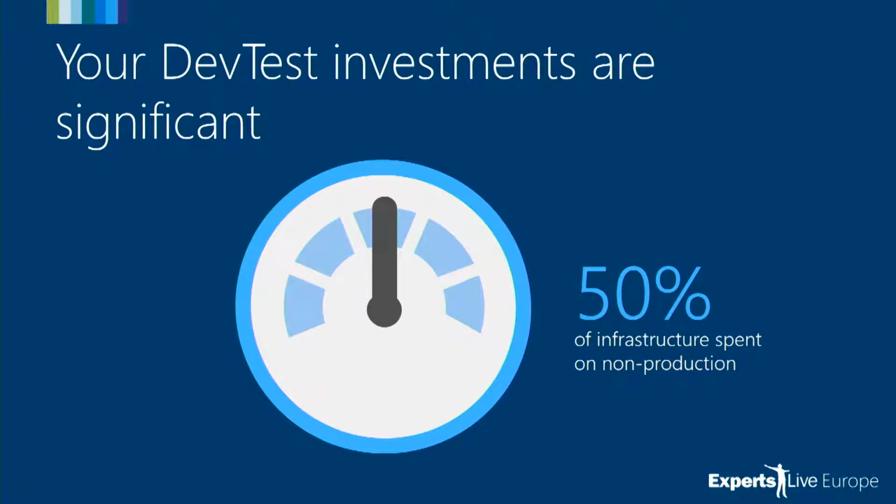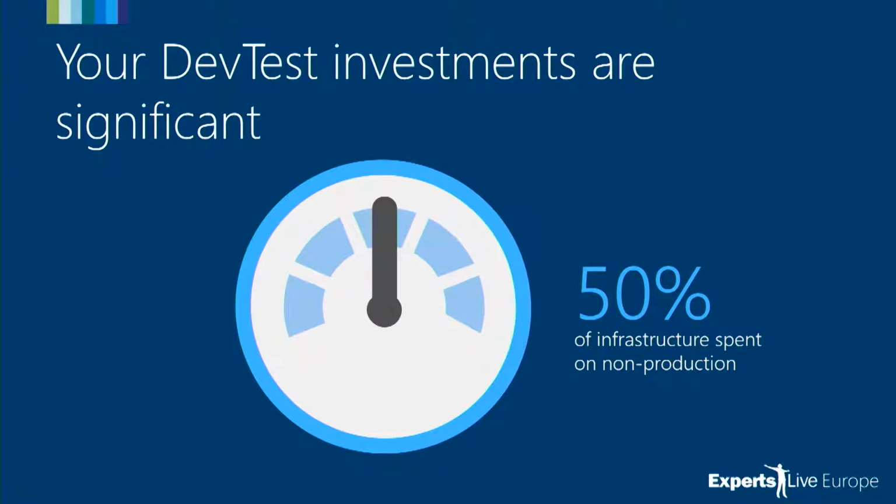Well, to be honest, these 50% is a number which is presented by Microsoft. I'm not sure if that's really correct. Maybe, what do you think? How much of your infrastructure spending is just used by dev or test workloads? Any ideas?